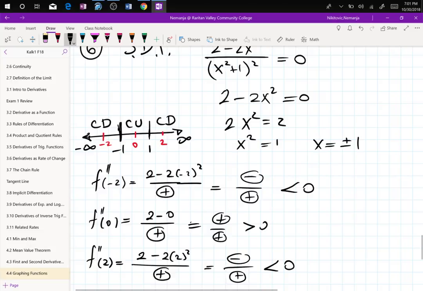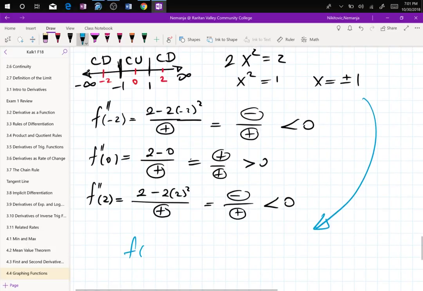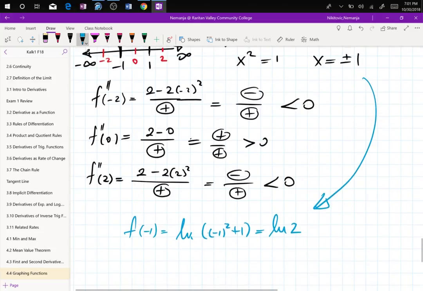Now, the only thing that we actually have to compute here are the y values for our inflection points, because we need to plot those. You have to know their y values. So here in blue, f of negative 1 is ln of negative 1 squared plus 1, which is ln 2.